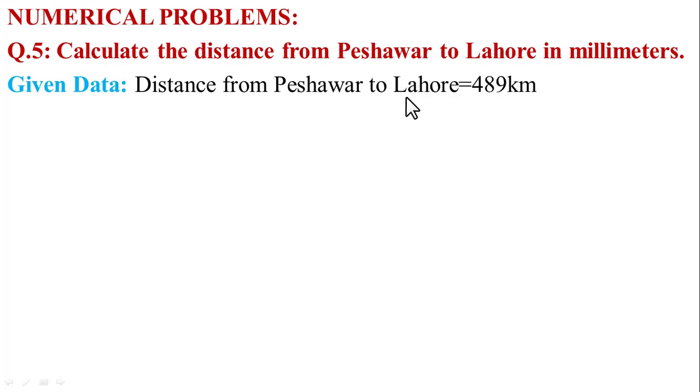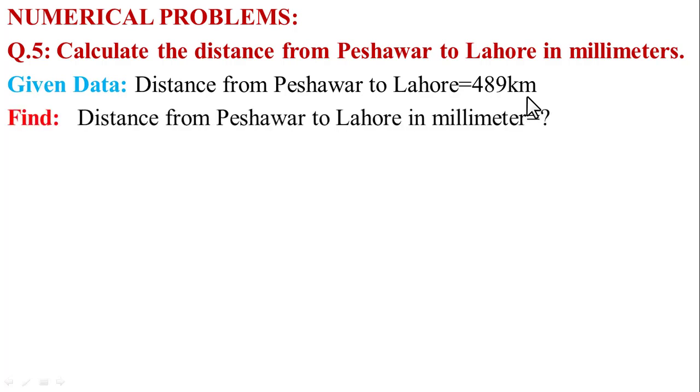Distance from Peshawar to Lahore is 489 kilometers. So we will write the distance in millimeter. Here we have to find the distance from Peshawar to Lahore in millimeter, which is equal to question mark.